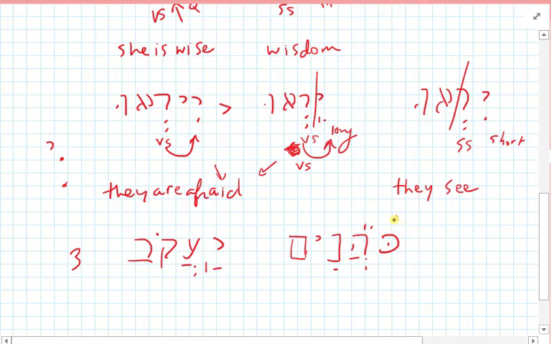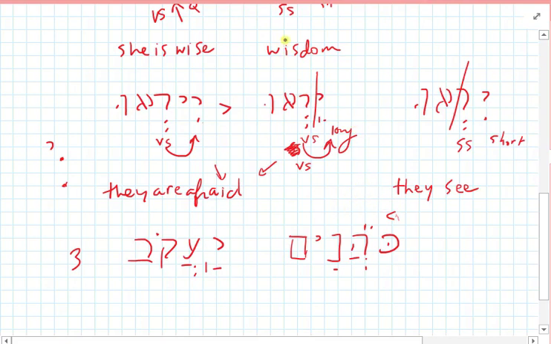Remember how when we put accent marks over a syllable that has a vowel, normally our vowel is right under the consonant and the accent mark would go right above the consonant, and so it all lines up, right? But if we happen to have a vowel written to the left, like the holum or the shurik, the accent mark still goes over the consonant whose vowel is stressed, right? It doesn't go over the vowel.